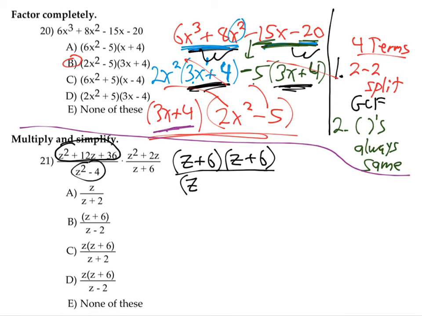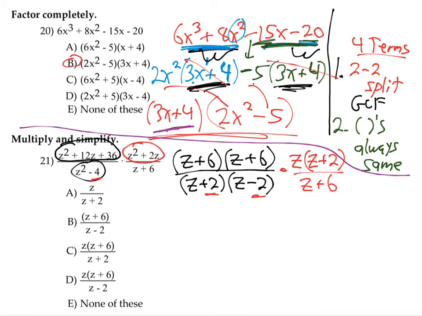This one right here, z plus 2, z minus 2, because you got to have 1 plus, 1 minus to make minus 4. And this back here, take out a z, because they have z in common. That leaves z plus 2 over z plus 6.